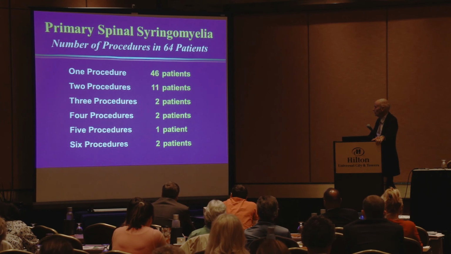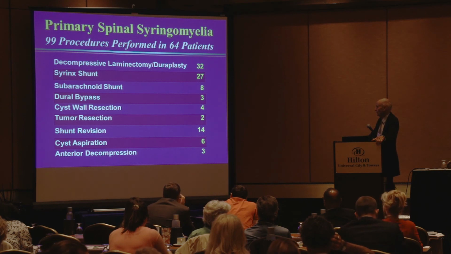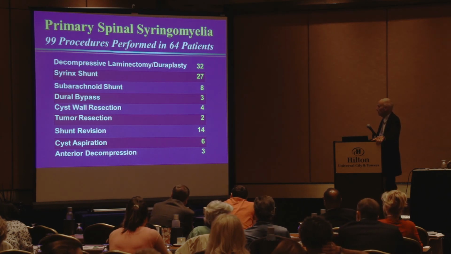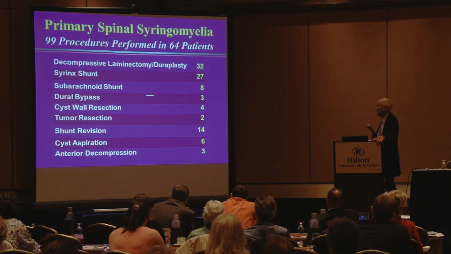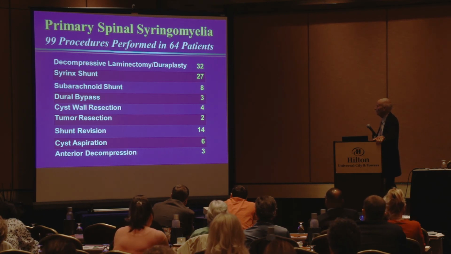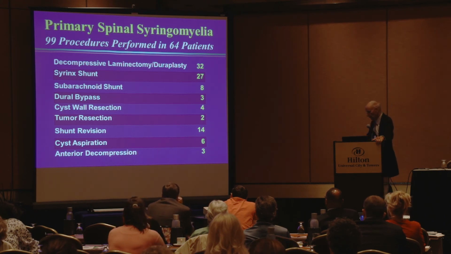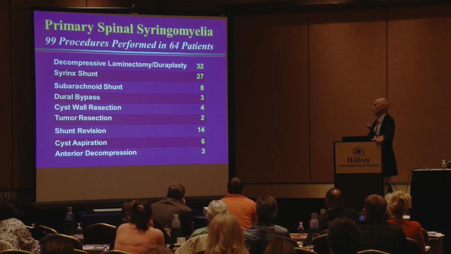So many patients who have shunting procedures have had multiple operations, and this again is true even when we haven't placed a shunt but treated the dural obstruction, the subarachnoid obstruction, with a bypass. It doesn't always work, and cyst wall resection is ideal if the cyst is small.